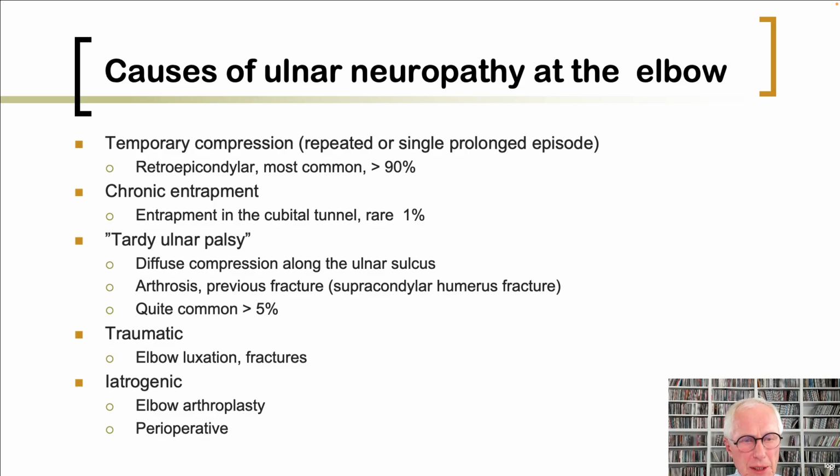About 5% of the ulnar neuropathies represent this. Sometimes we see traumatic ulnar neuropathies at the elbow, in particular if we have an elbow luxation. Both the median and the ulnar nerve are affected when you have a luxation of the elbow. And in association with surgery, in particular elbow arthroplasty, you can see ulnar neuropathies as well.